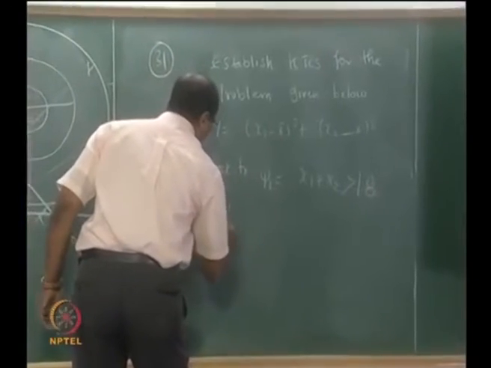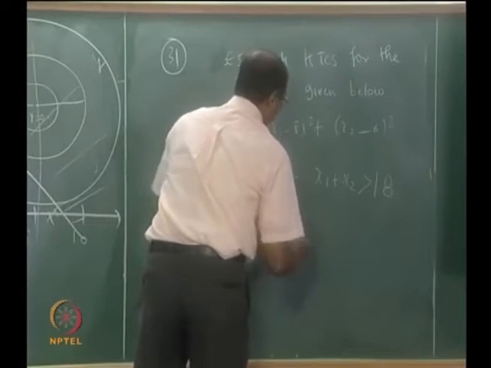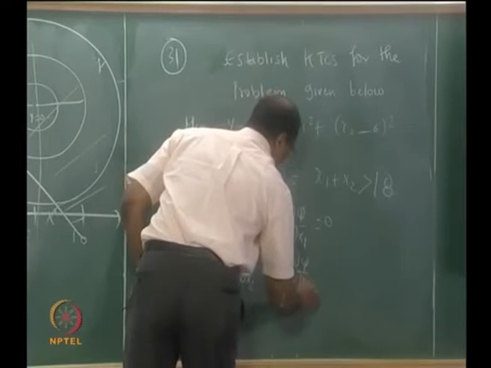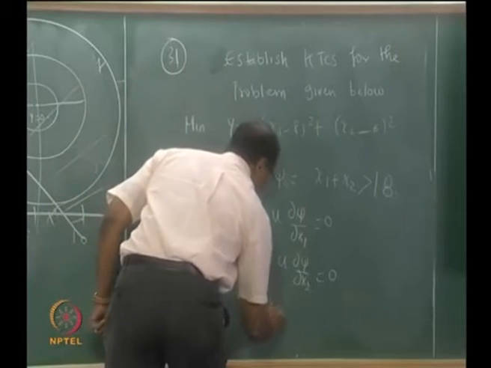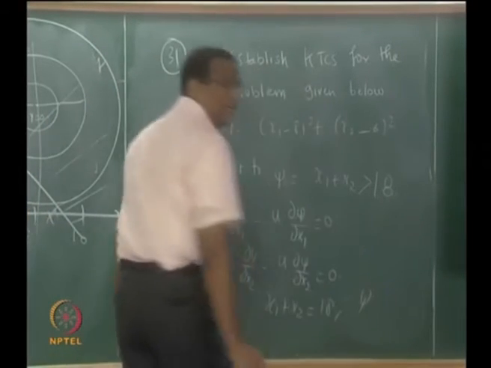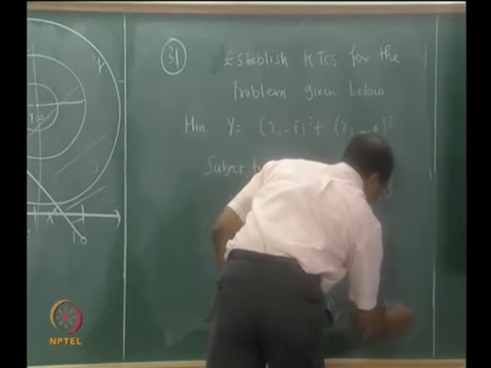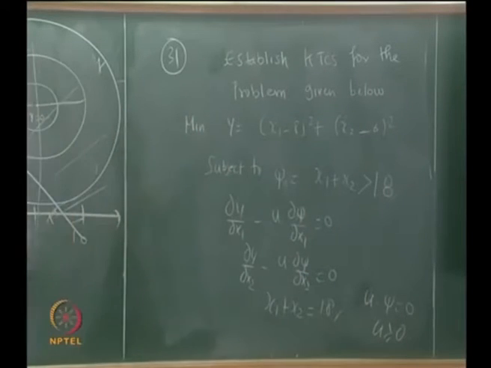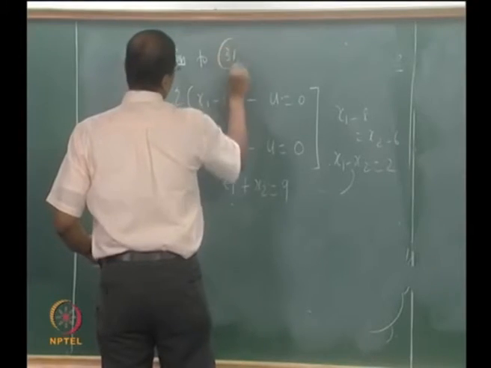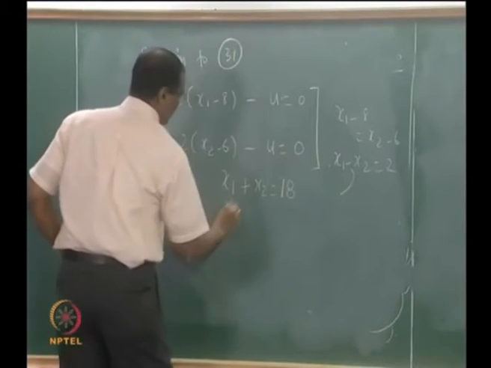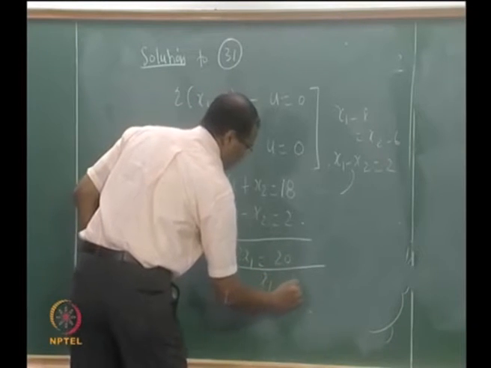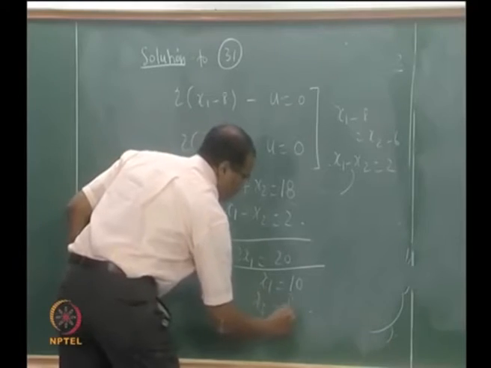So psi, then U into psi is, correct. X2 is 8.